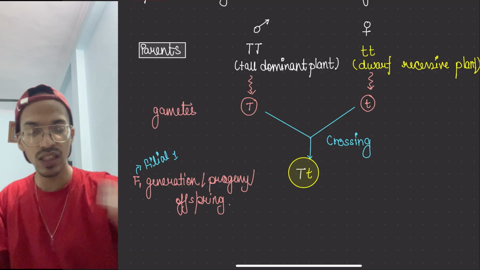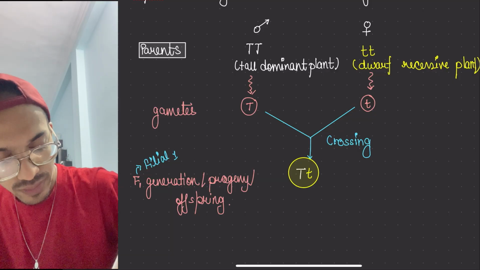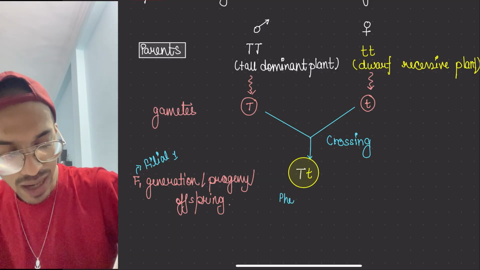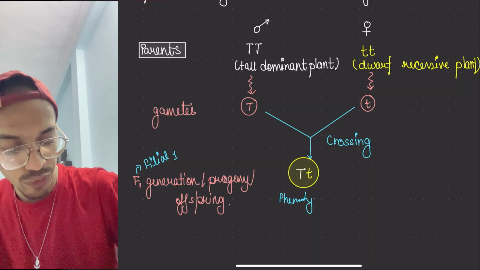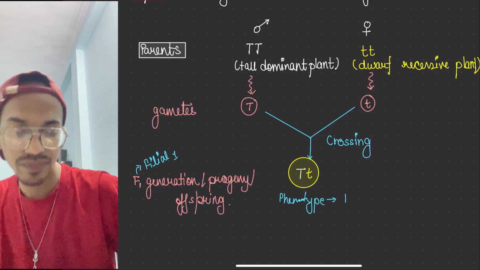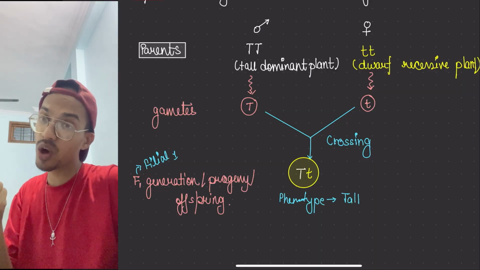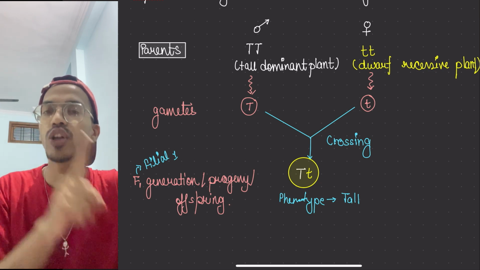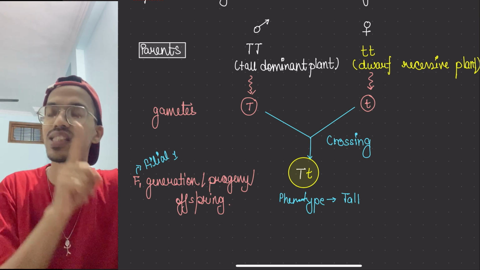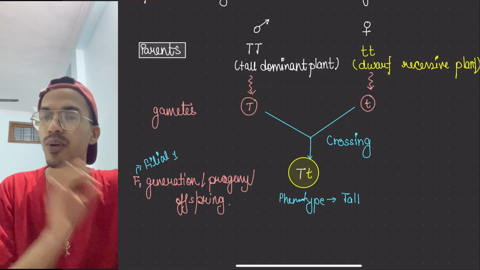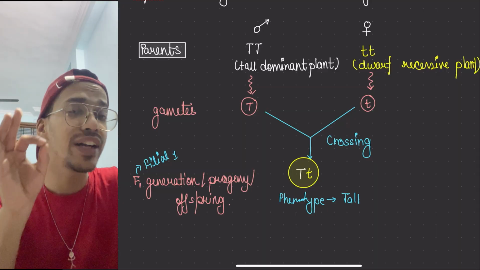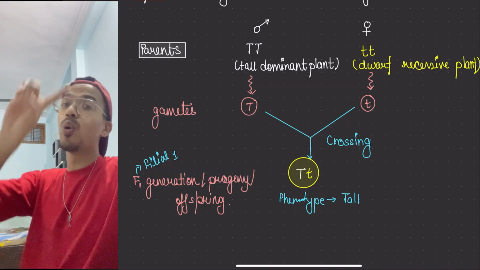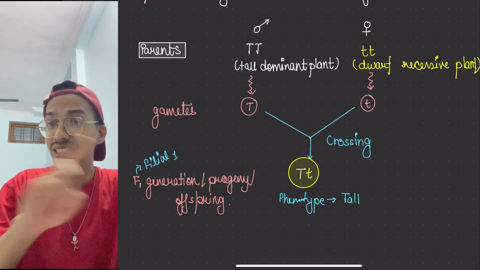Understood? So phenotypically, all the plants that will be formed were tall, but genotypically they are a mix, they are hybrid. When there are two different contrasting alleles present for one character, we call this condition heterozygous. Homozygous you have studied, meaning the true breeding line.